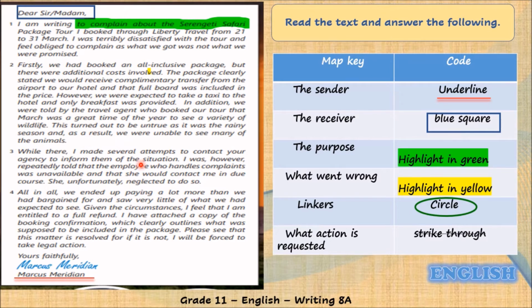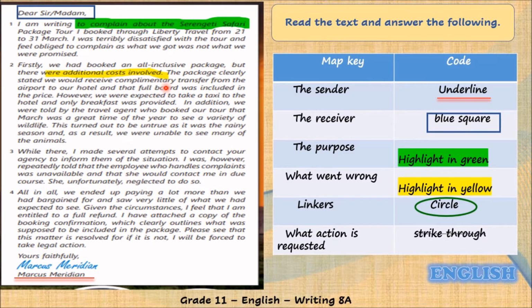What do you think went wrong during this tour? You will find that in paragraphs 2 and 3, correct. So what went wrong in this trip? Let's have a look. Firstly, we had booked an all-inclusive package, but there were additional costs involved.